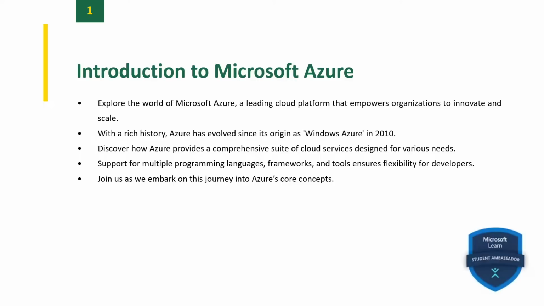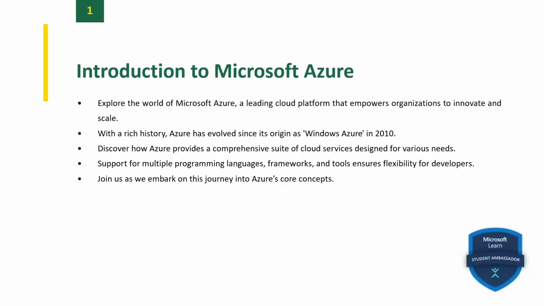First one, global reach. Azure is available in over 60 regions worldwide, providing a truly global infrastructure for your application. Second one, scalability. Azure allows you to scale your application up or down based on demand, ensuring optimal performance and cost efficiency. Third one, security.